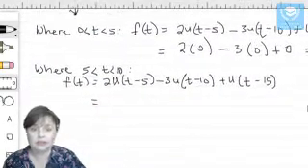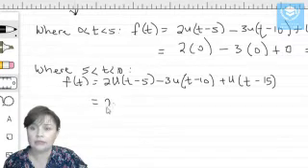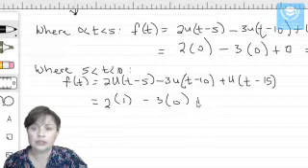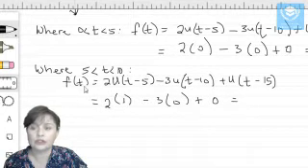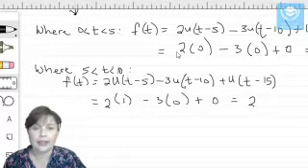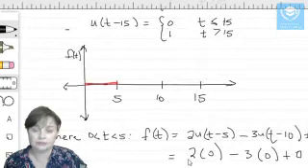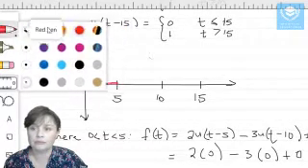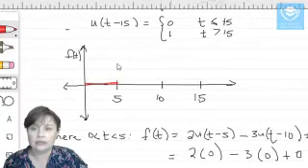So that means that we're going to have 2 times 1, 3 times 0 plus 0, which means your function f of t is going to be equal to 2. And if I graph that, it means that this function has to be 2.